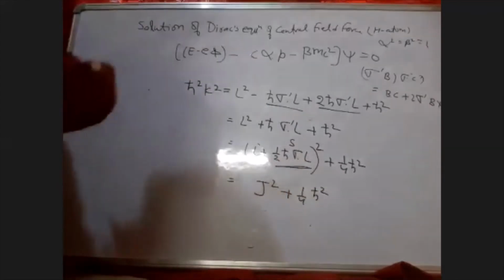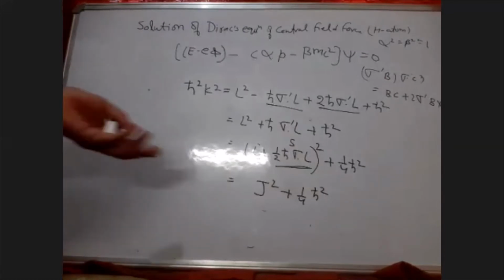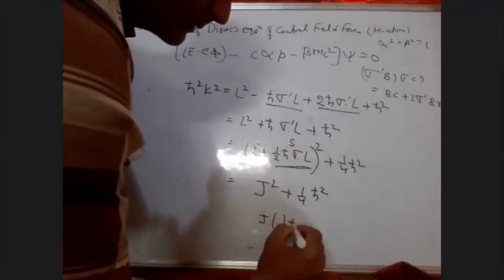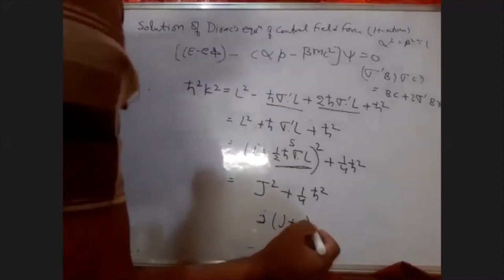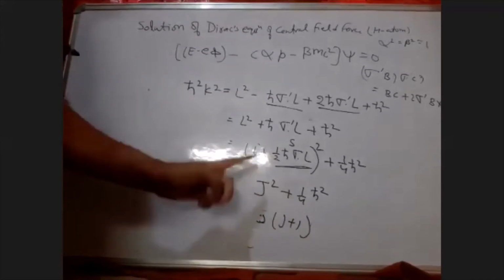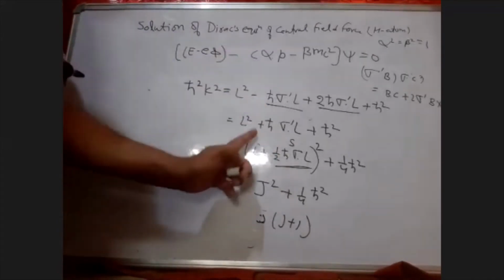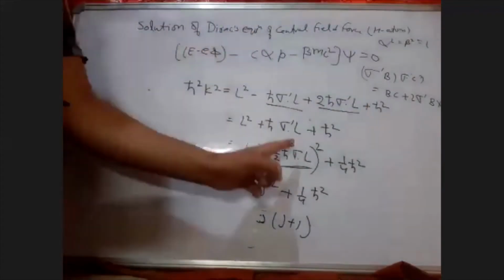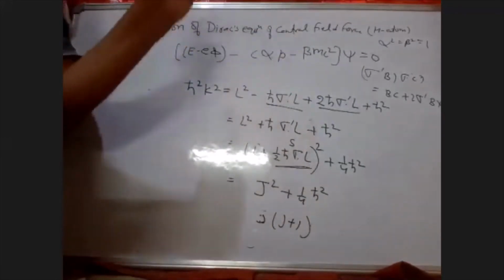The eigenvalue of j square is j times j plus 1, and j is equal to L plus S. L takes values 0, plus minus 1, plus minus 2, plus minus 3, plus minus 4, and the eigenvalue of S is plus half or minus half.